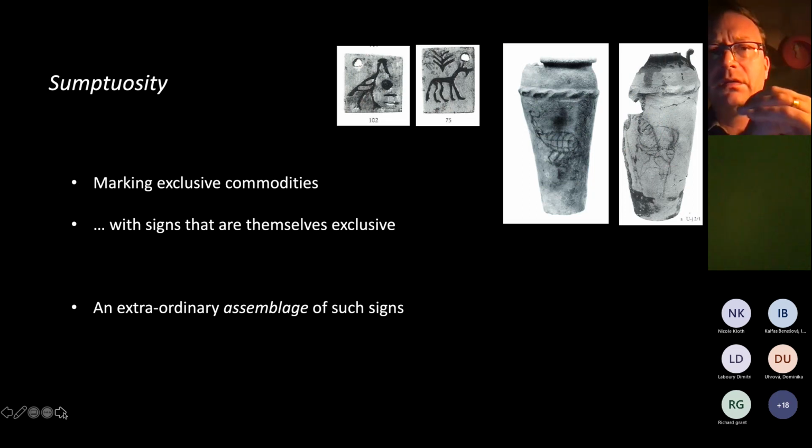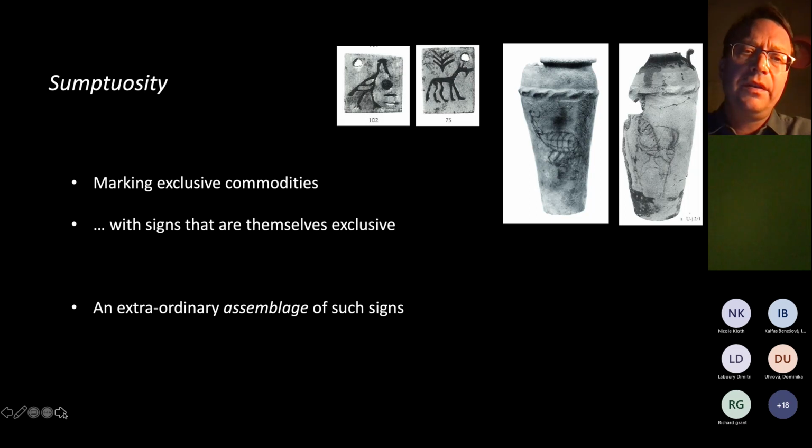And closing in even further to the artifacts themselves, well, they are distinguished by this very peculiar type of sumptuosity. First off, they're evidently marking exclusive commodities. It's one thing, but the signs themselves are exclusive, and they're exclusive in two senses.